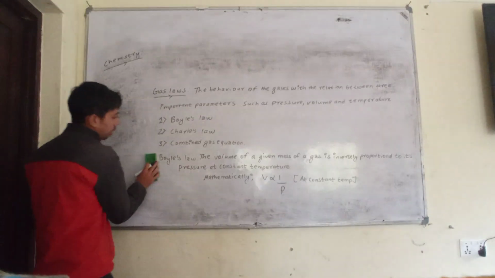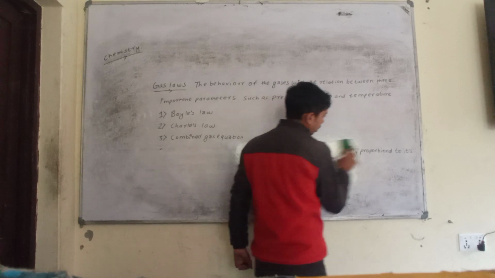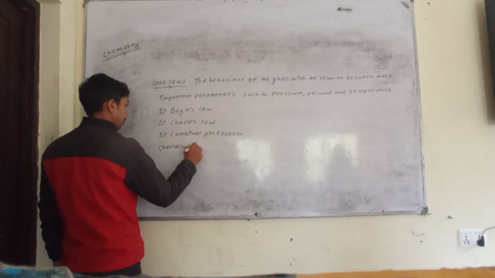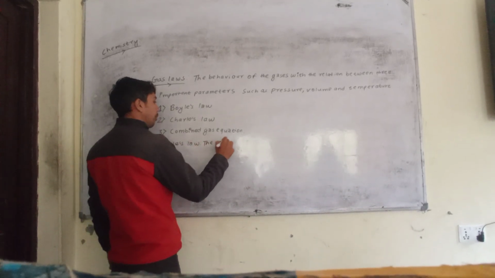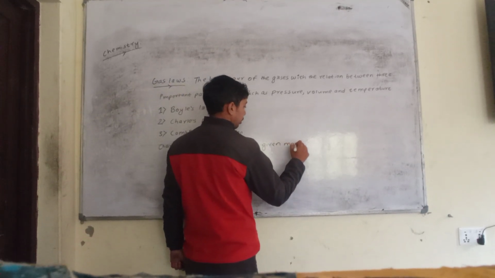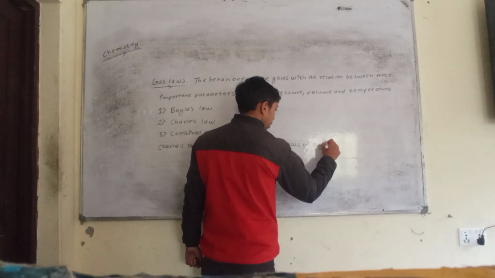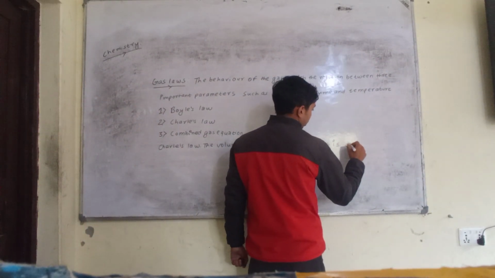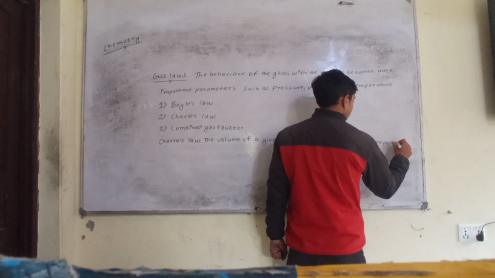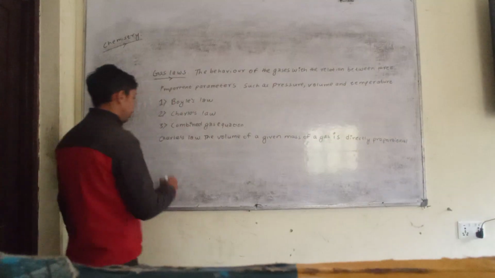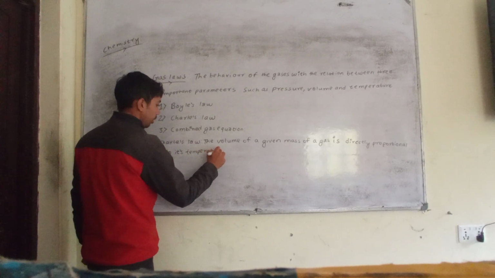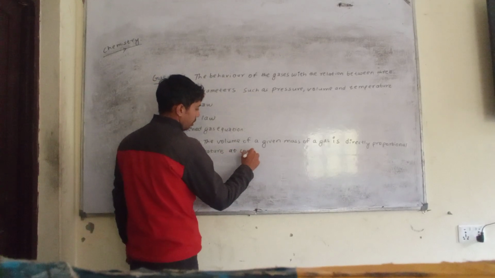Now for Charles' law, the volume of a given mass of a gas is directly proportional to its temperature at constant pressure.